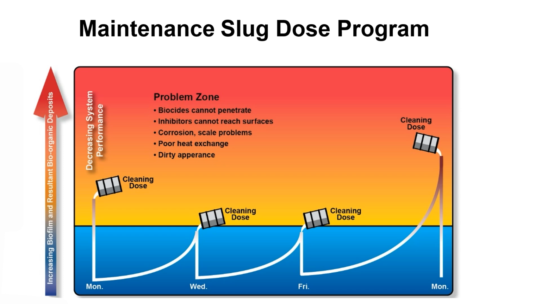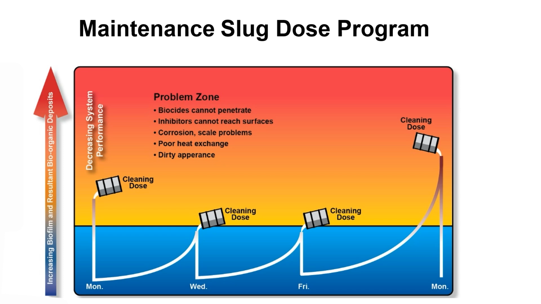This sawtooth pattern of cleaning, allowing the system to refoul to an acceptable rate, but then cleaning it again, allowing it to refoul, and before it gets into too much of the problem zone, cleaning it again. This cleaning, refouling sawtooth pattern is that of a slug dose maintenance cleaning program.